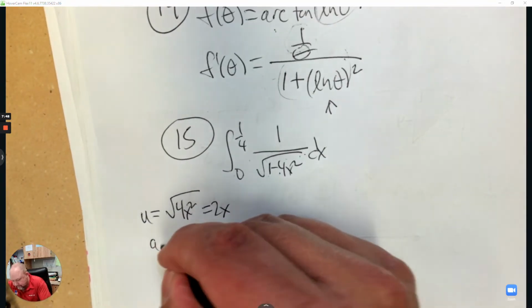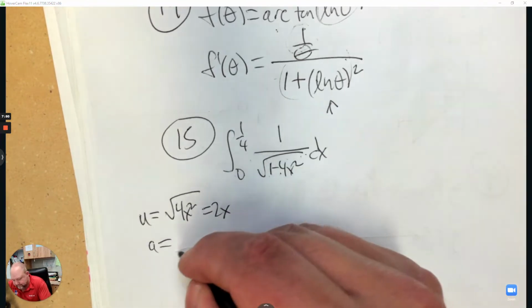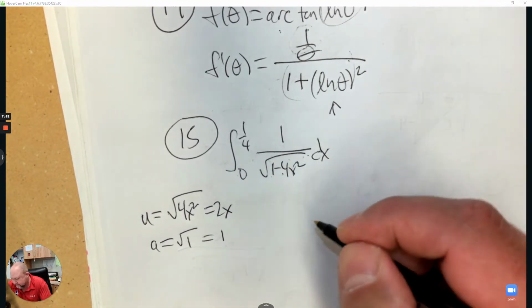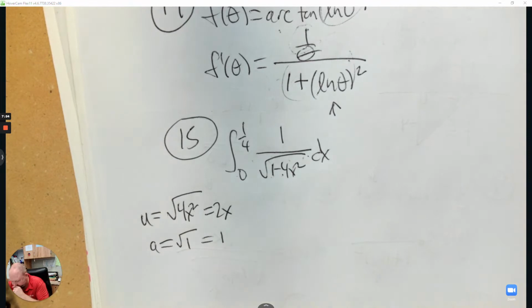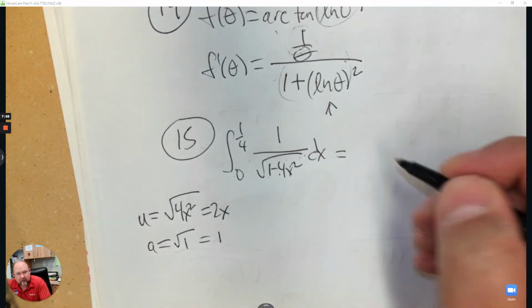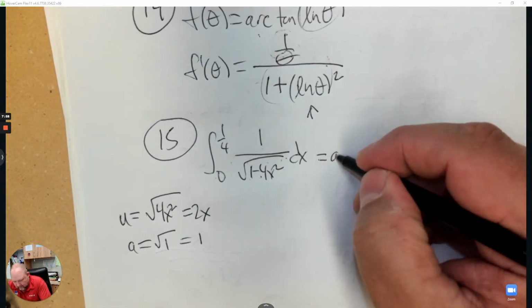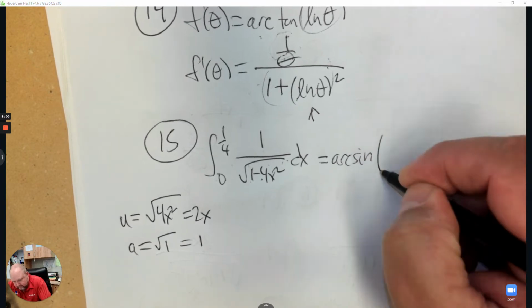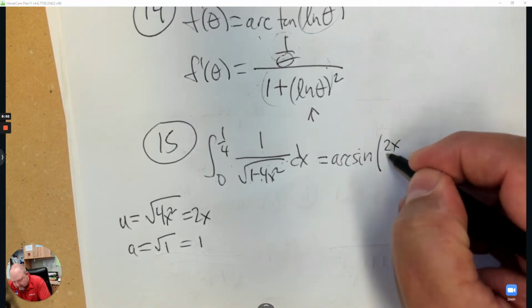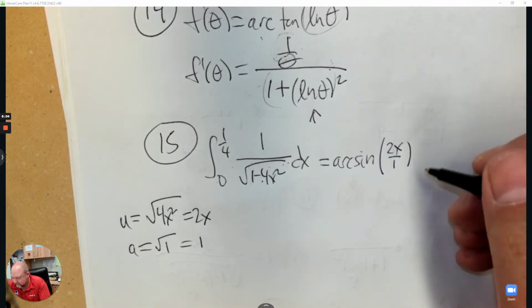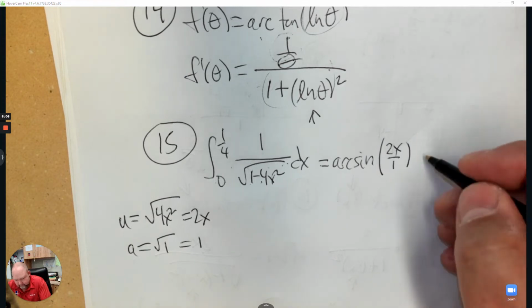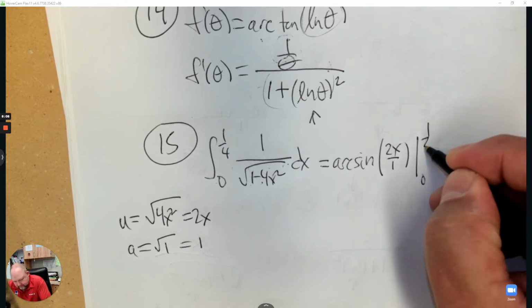A is the square root of 1, which is 1. And then the formula goes arc sine of u over a, and a is 1. And then we plug in.